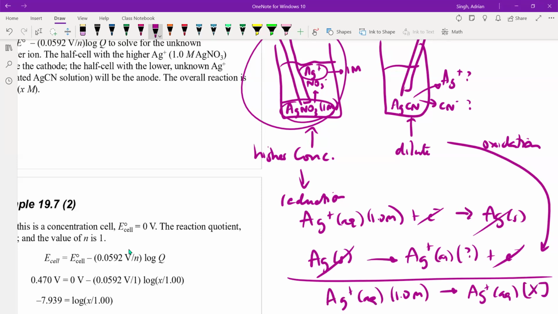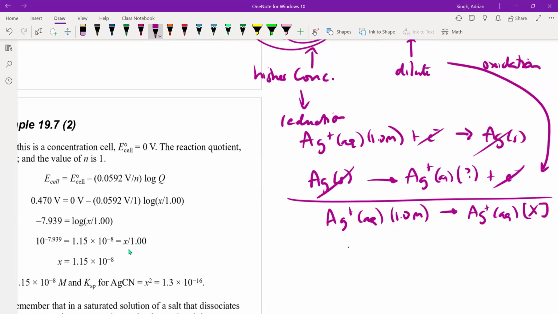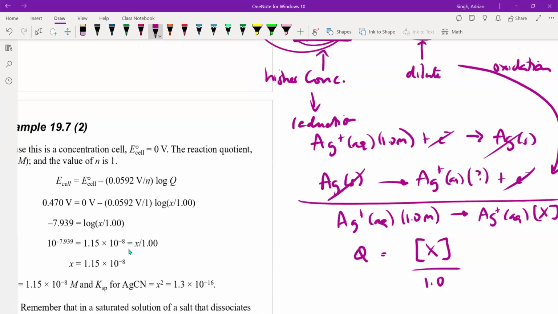We'll just call that X molar for right now. So when we write our Q expression, Q here will be our dilute concentration, which is X over the concentrated one, which is 1 molar.